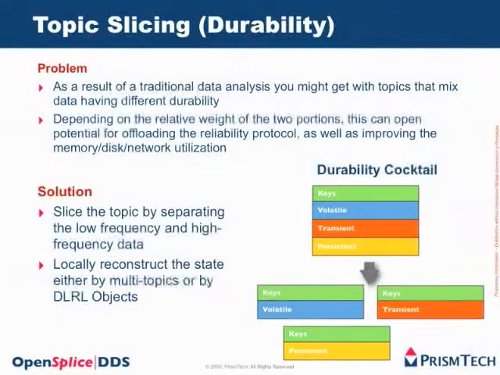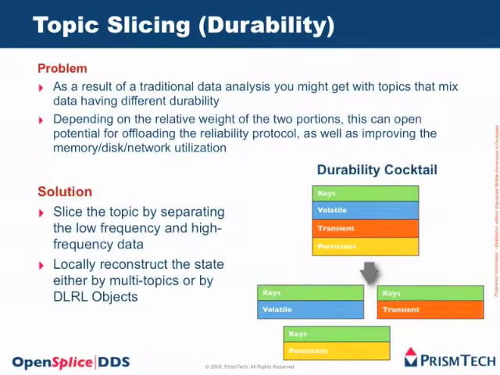The other topic slicing technique should be applied to deal with durability. Again, one of the problems of traditional data analysis is that it might lead you to design topics which mix fields which have different durability requirements. And depending on the relative proportion of the various portions of your topic, this could lead to poor memory, disk, and network utilization.